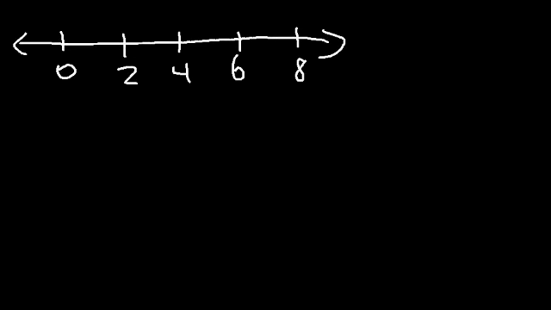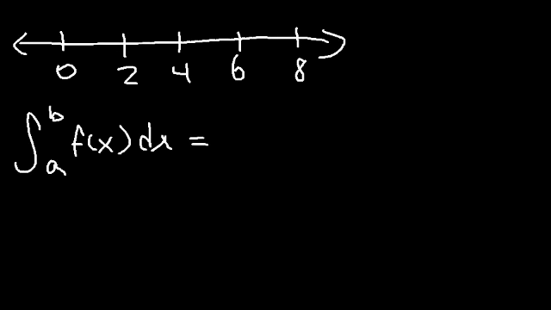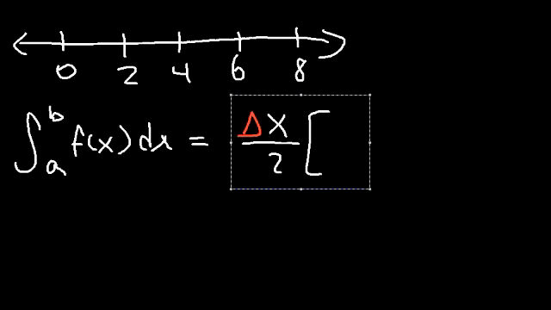But for the trapezoidal rule, we're going to use all 5 points. But let me go over the equation. The definite integral from a to b of f of x dx can be approximated using the trapezoidal rule. It's going to be delta x divided by 2 times, and I should probably put this somewhere else. I'm going to need more space.